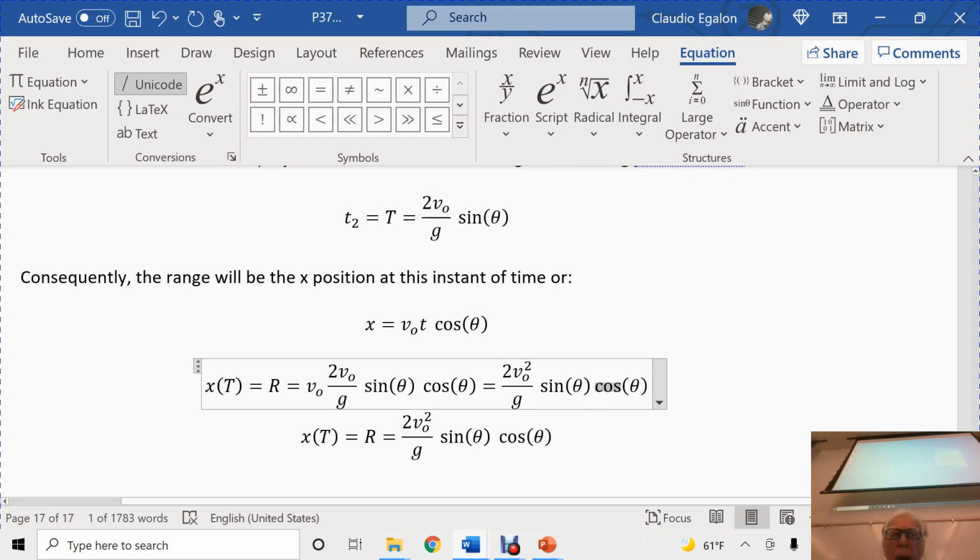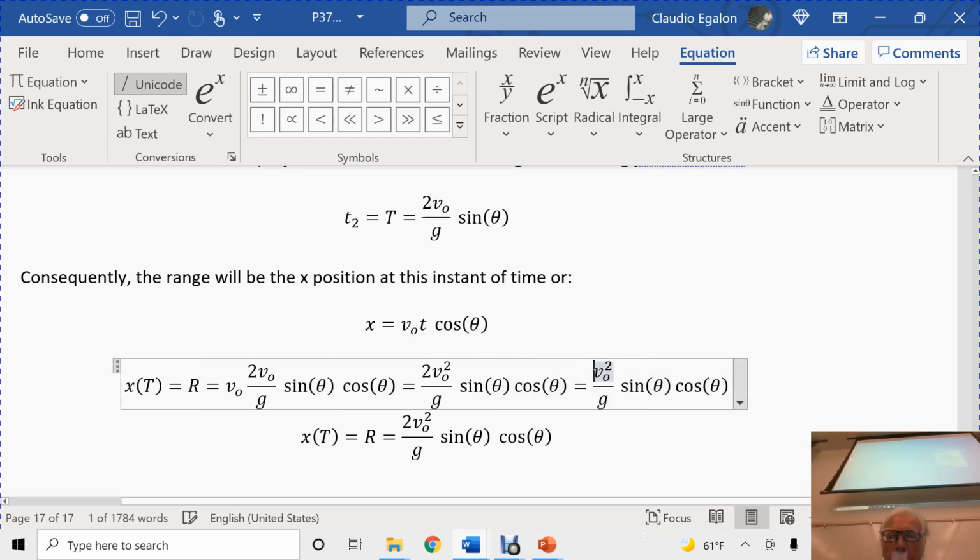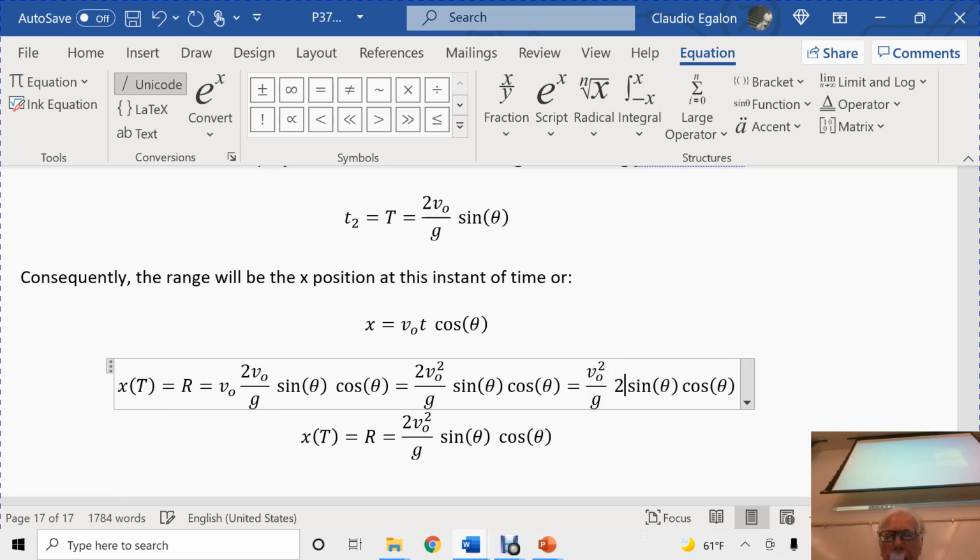Sine of 2 theta is in reality 2 sine of theta cosine of theta. So I'm going to do it like that. Take out this 2 and put right here in front the sine theta. And now this term right in here is going to be sine of 2 theta.